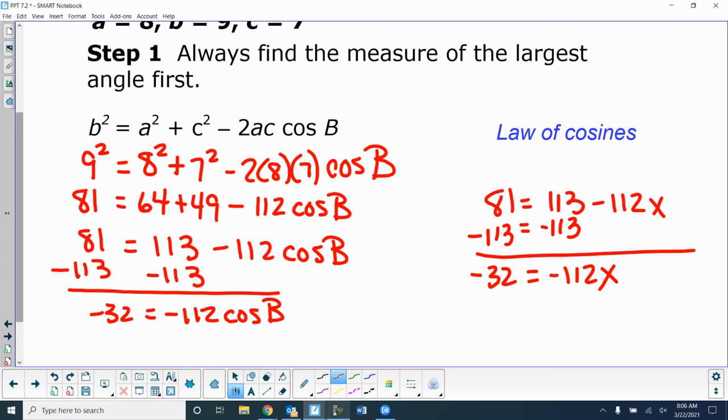That's the same thing. Now what am I going to do at this point, over on this side? Divide by the negative 112, right? Well, that's what we're going to do here as well. Same procedure. We just get messed up sometimes when we see it as cosine of B instead of just an x. Okay?